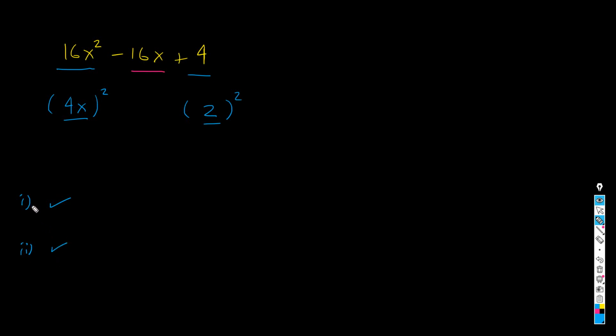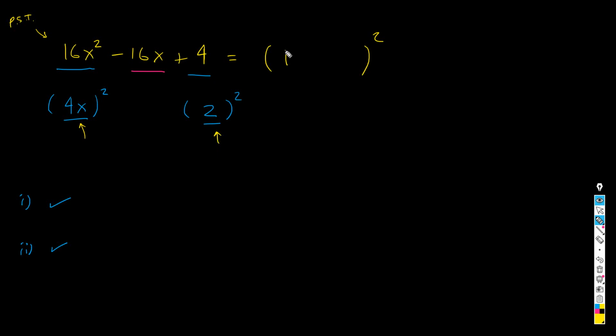So once I have covered 1 and 2, I'm perfectly sure that this is in fact a perfect square trinomial, and I can proceed to its factorization as a binomial to the square. What terms does my binomial consist of? These two, 4x and 2.